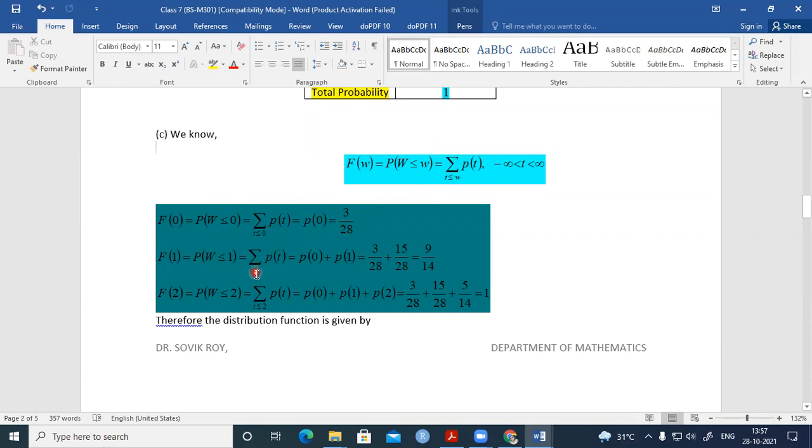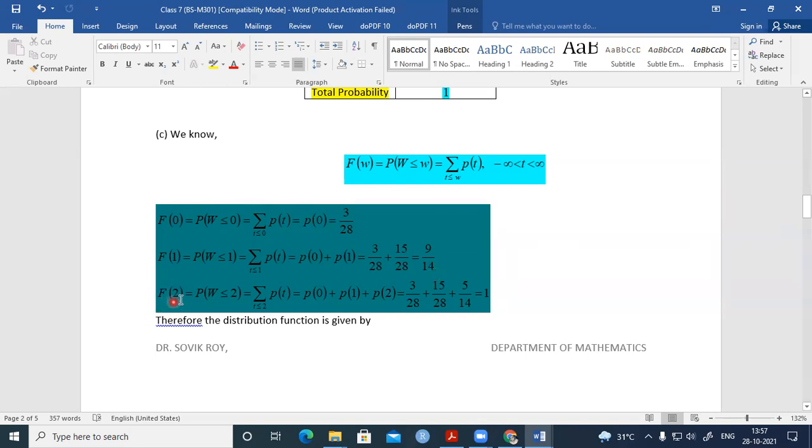How many discrete points are there which are less than or equal to 1? In this particular case, 2. One is t equal to 0, another is t equal to 1. So we substitute t equal to 0 over here, we get P0, and then we substitute t equal to 1, we get P1, such that P0 plus P1 gives you 3 by 28 plus 15 by 28 from the table, which is 9 by 14.